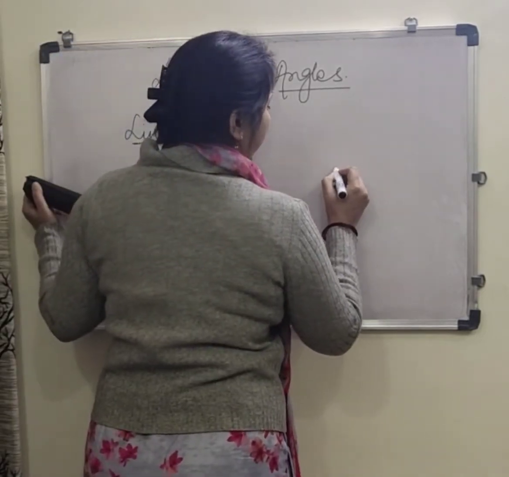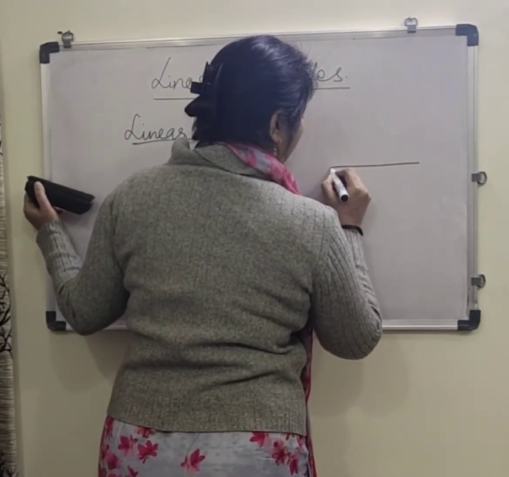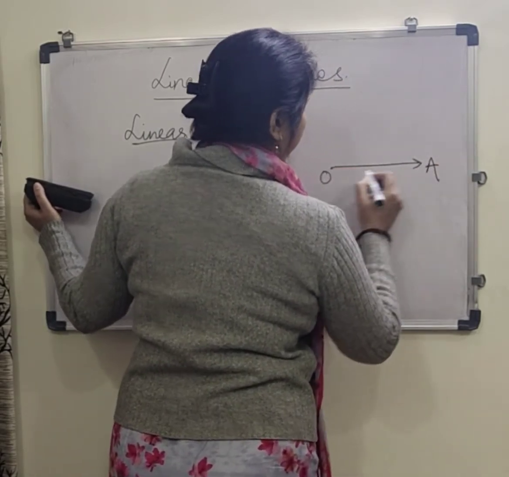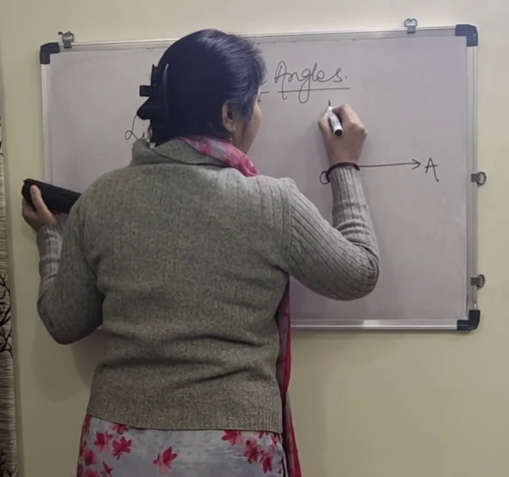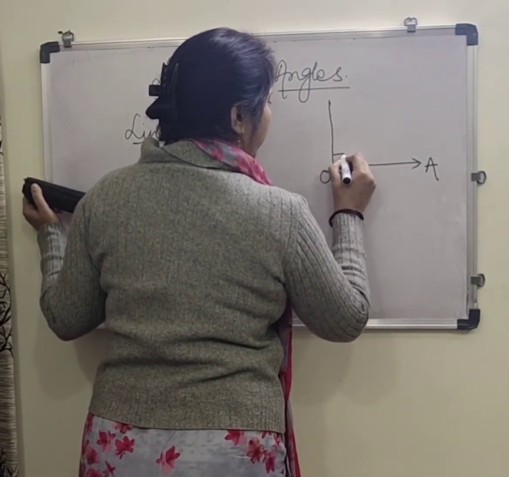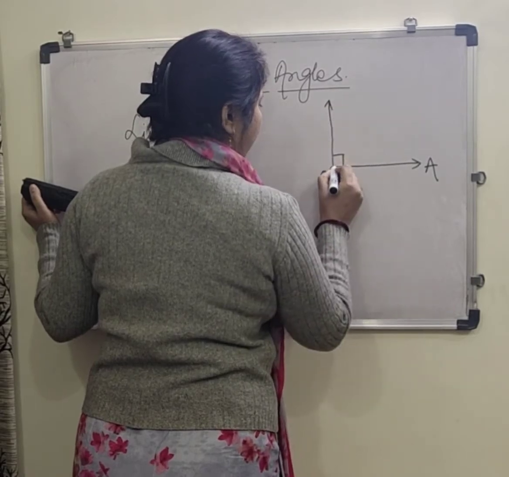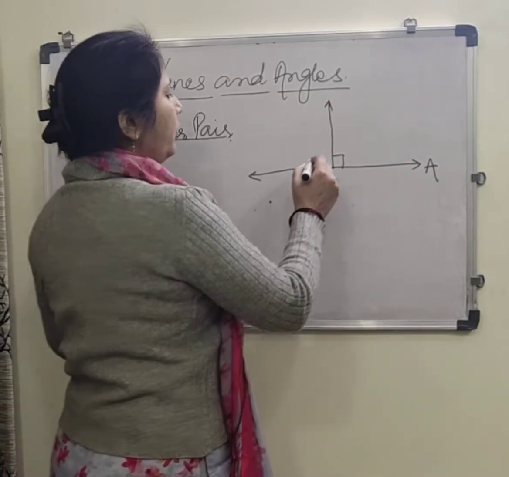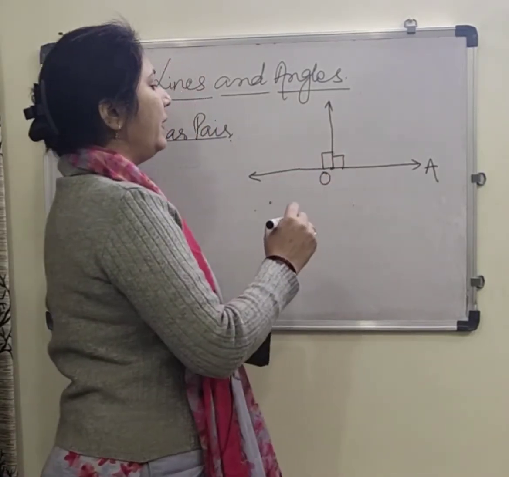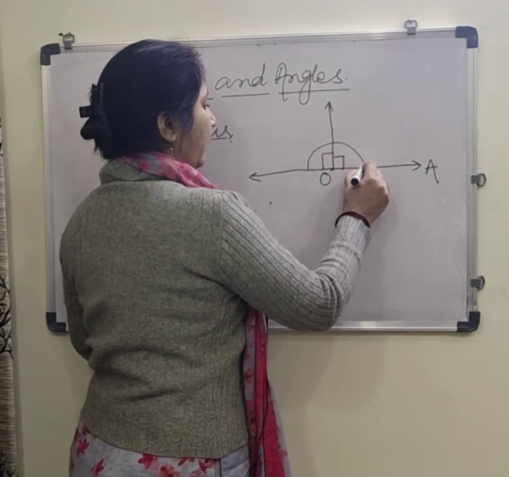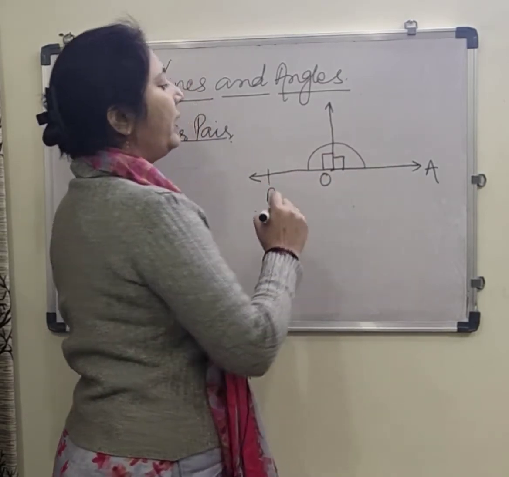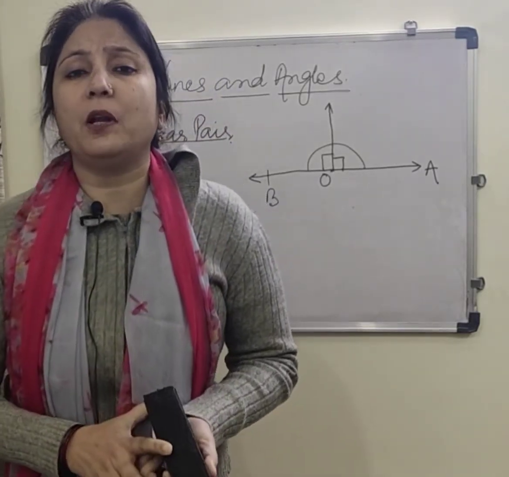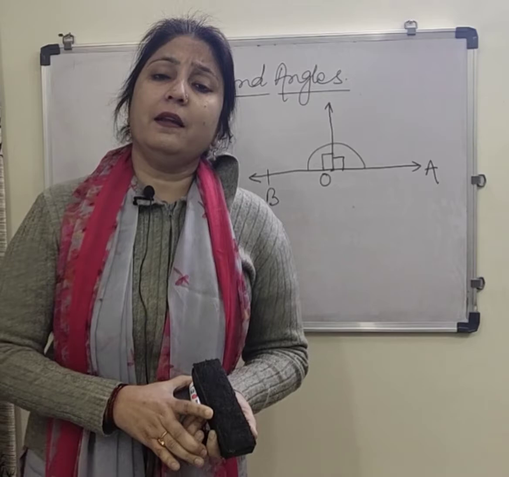See, here is a vertex O, an arm goes in this direction A. This common arm is perpendicular to this, and another uncommon arm goes in the opposite direction. So you see the sum of the two angles formed is how much? 180 degrees. The linear pair is also an example of adjacent angles.